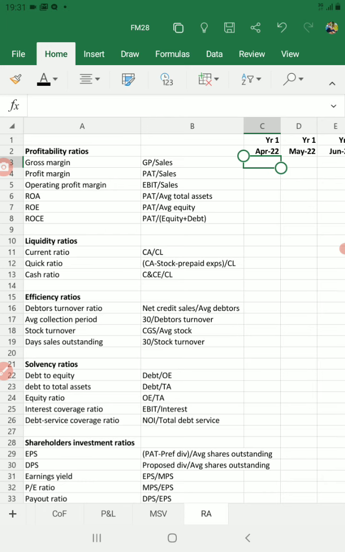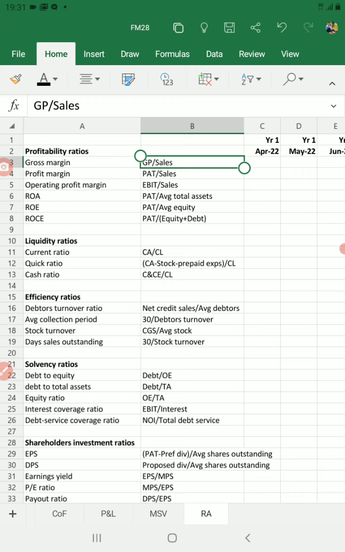So we start with gross margin, okay? The gross margin, as we said, is gross profit divided by sales. So we try to look for each dollar of sales, how much gross profit has been generated, okay?